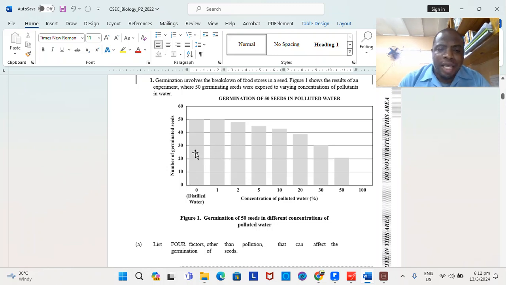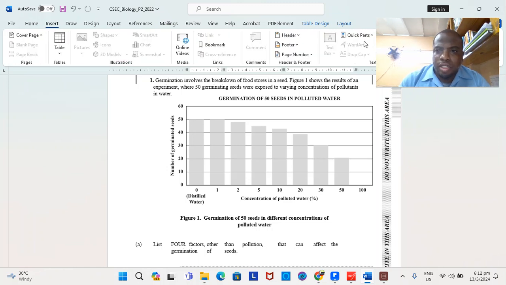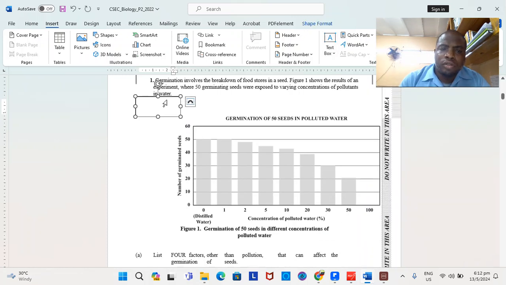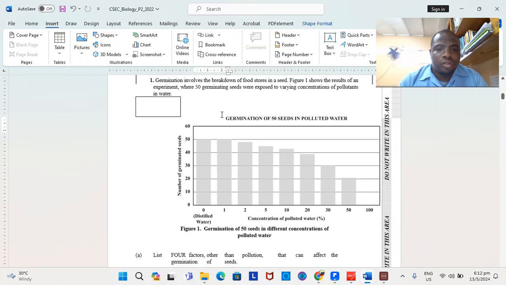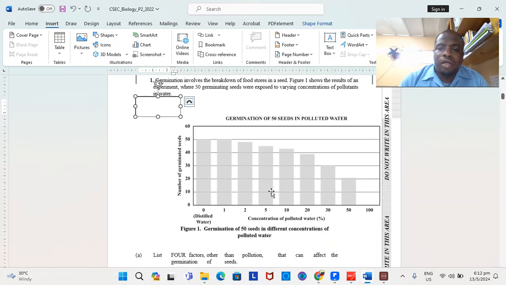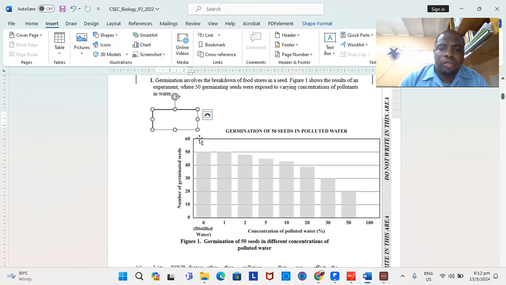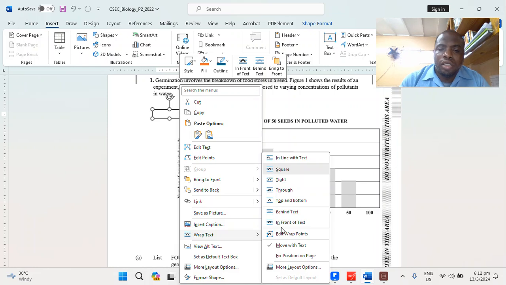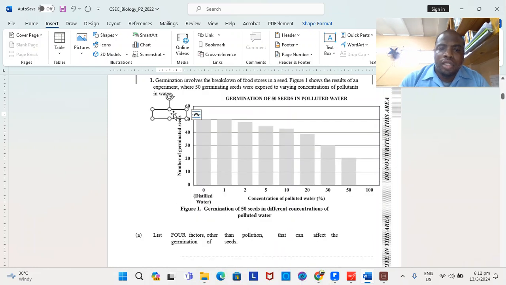So where you didn't have any pollutant at all, you probably can just indicate this. We saw where there was actually 50 seeds that had germinated.